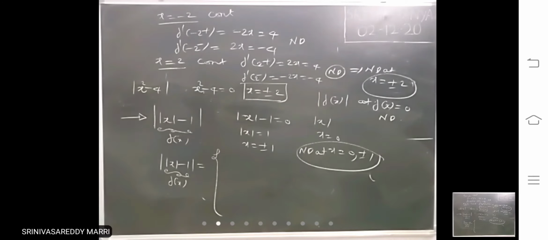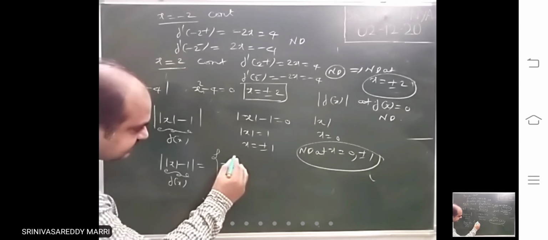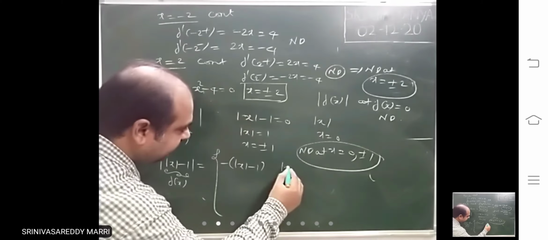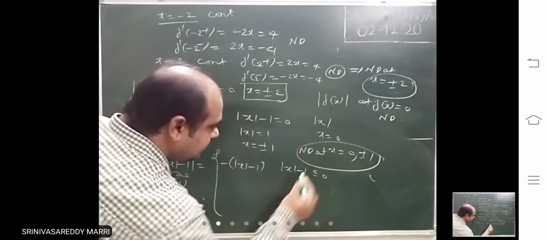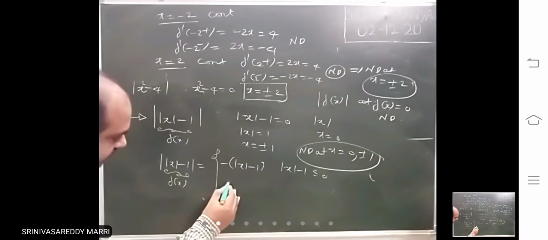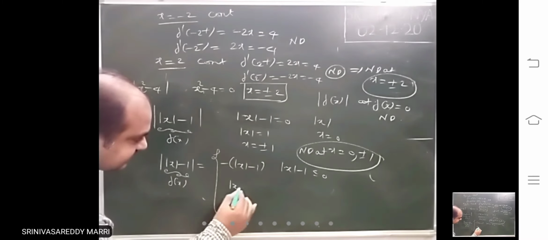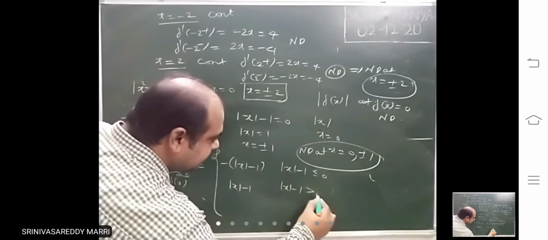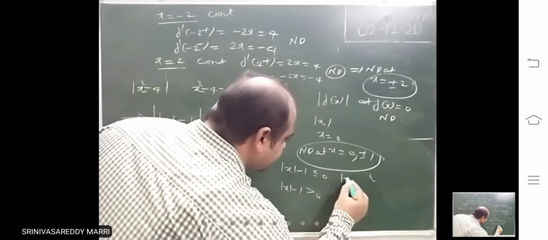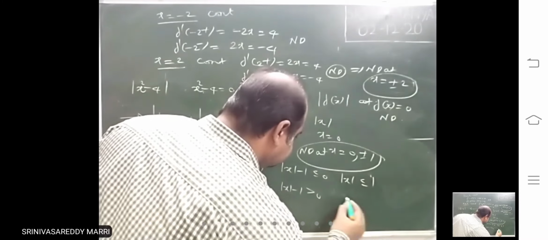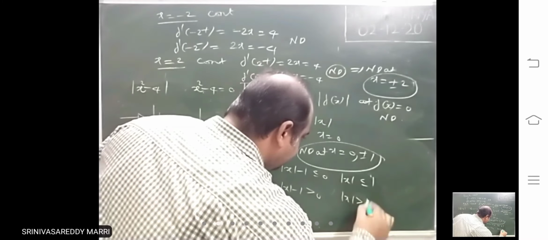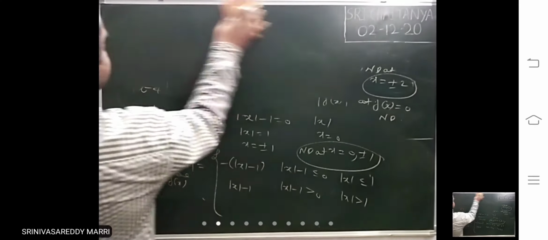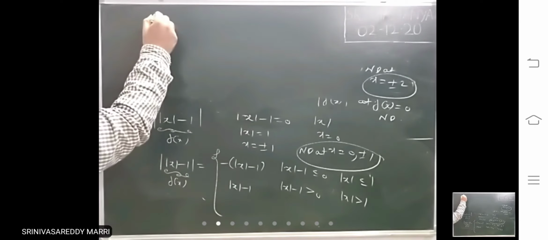Write the definition: minus f of x when f of x is less than or equal to 0, and f of x when f of x is greater than 0. This means modulus x less than or equal to 1, and modulus x greater than 1. Now rewrite the definition.